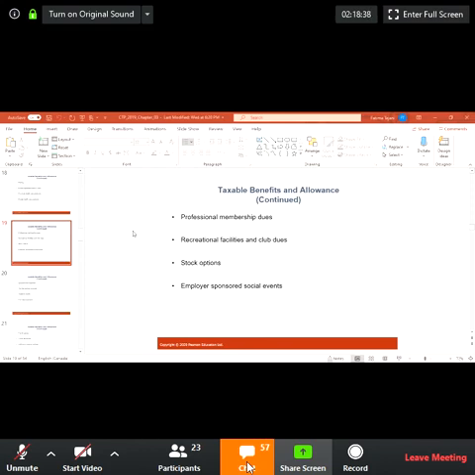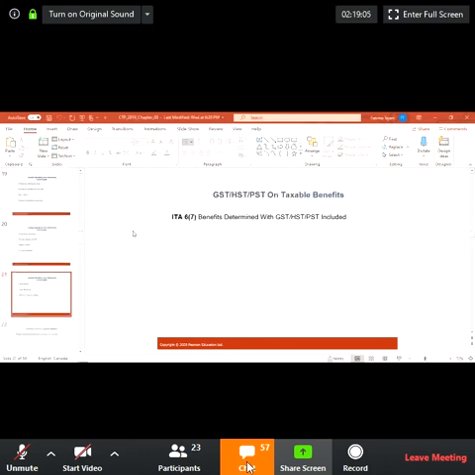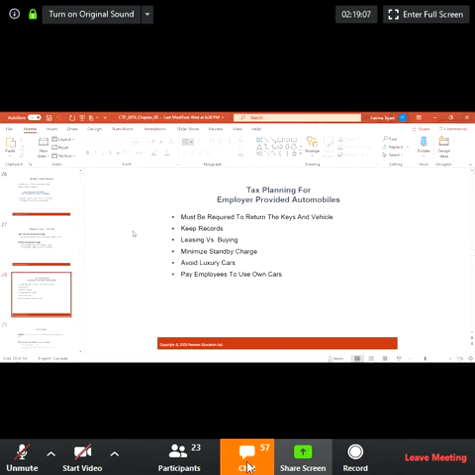So if a stock option is offered to an employee as an incentive, as a compensation package, a certain amount has to be included as a taxable benefit. What amount is included is the difference between the amounts. We will see that in the next slide. Let me go to that slide, and it's easy for me to explain.